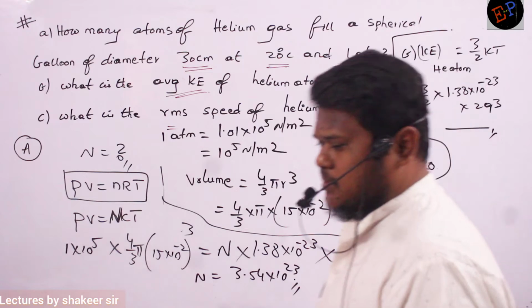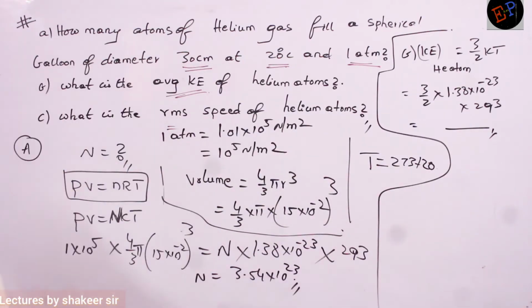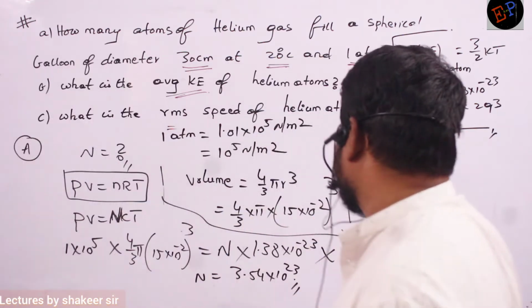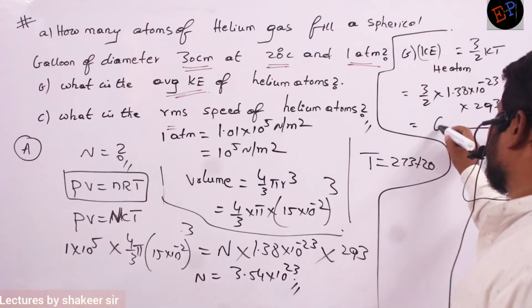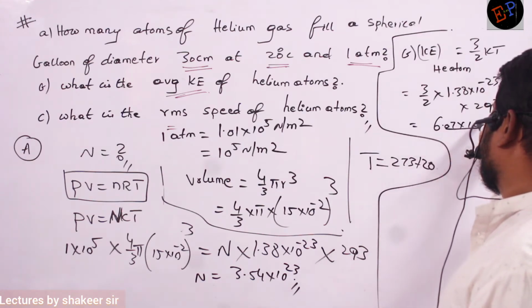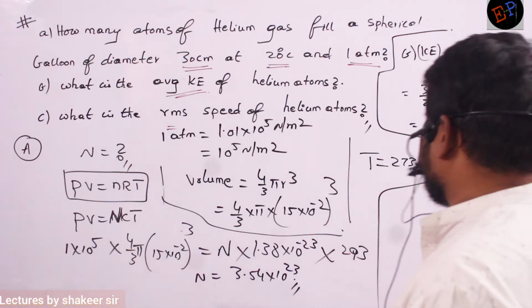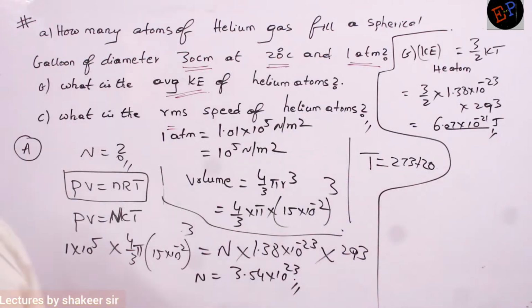If you do this calculation, you will get the average kinetic energy of helium atoms, and the answer is 6.07 into 10 power minus 21 joules. That is the kinetic energy of each gas molecule.